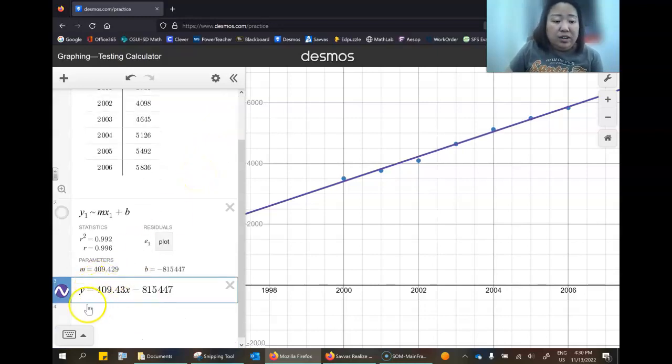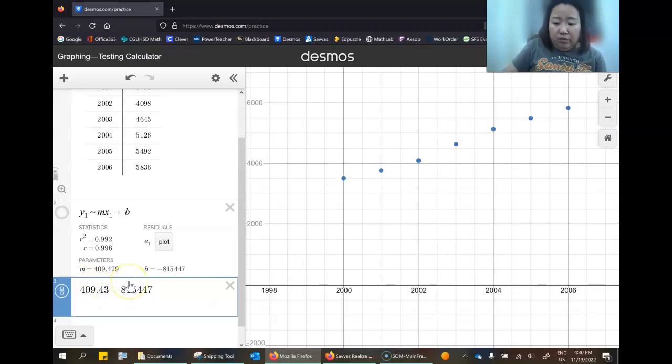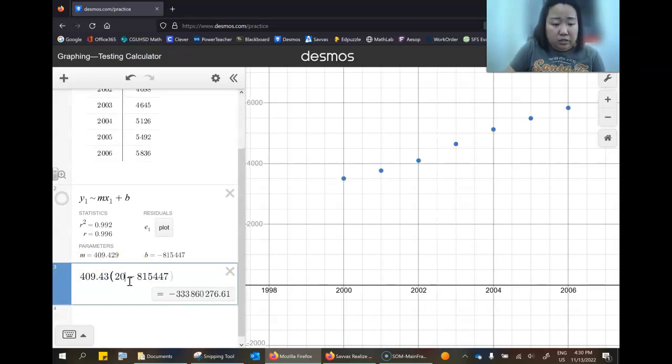So now the question is, if you take a look at your notes, you will see the question there is, what is the cost of attending in the year 2012, all right? So what we can do is simply replace the x. Our x, if you would remember, is the year of the school year.